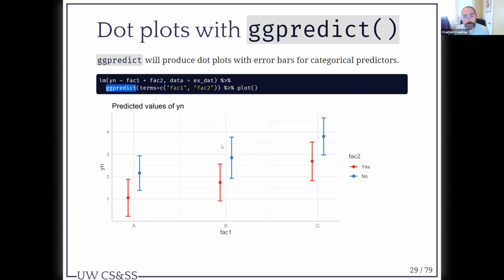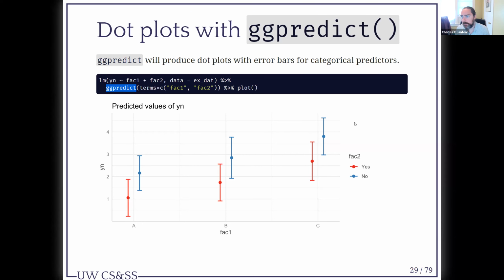So here, these are predicted values of my y variable at all the different levels of factor 1 and the different levels of factor 2. So for instance, I could say my predicted value of y when fac2 is no and fac1 is C is about 3.75 or 3.8 with this confidence interval. These are nice dot plots. This is the kind of thing you might provide if you're actually putting this in a paper.